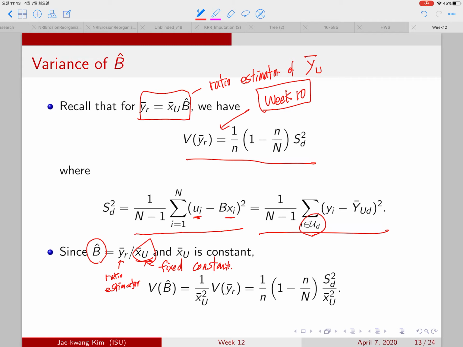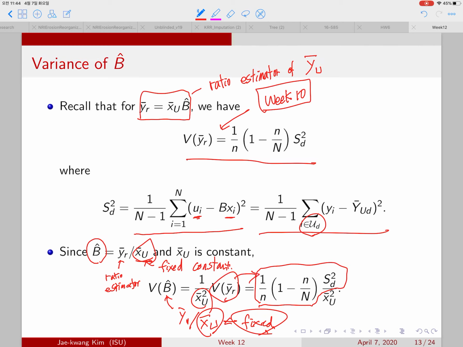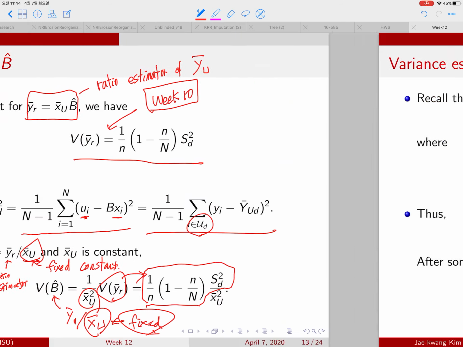So this can go outside, and that's why the variance is the variance of the ratio estimator divided by x bar U squared.